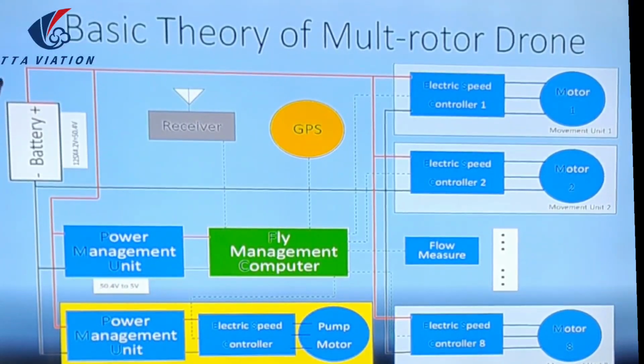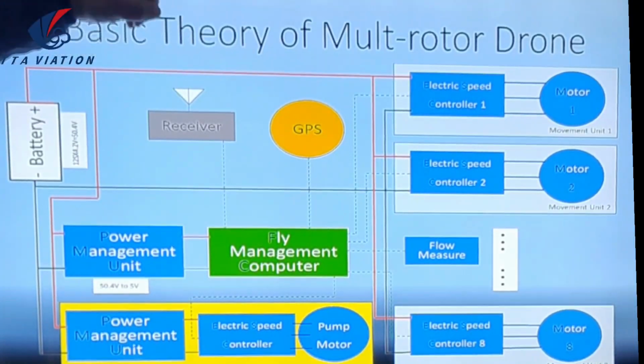When the battery supplies energy in the system by direct current, its positive side and negative side are not changed.